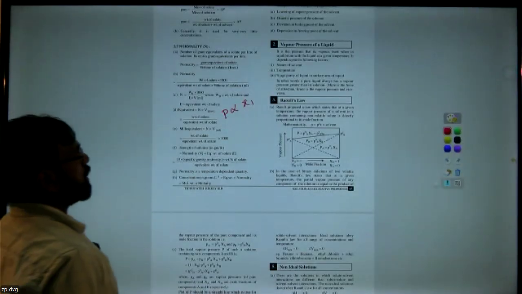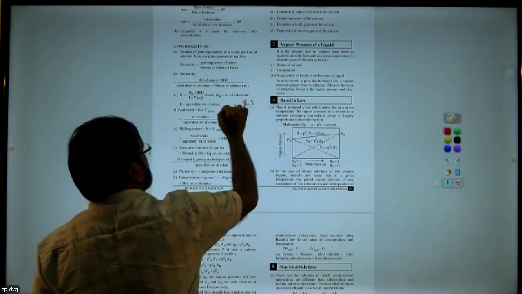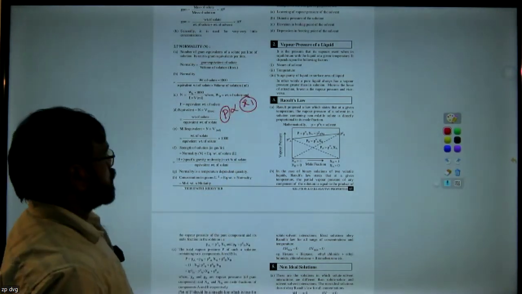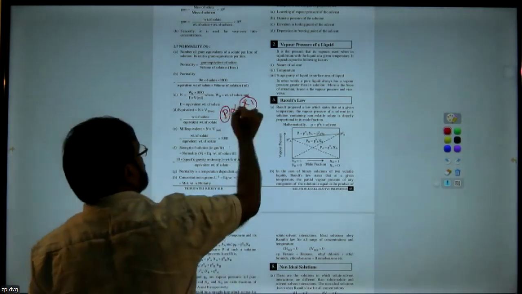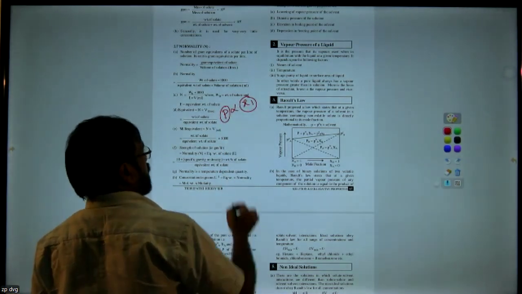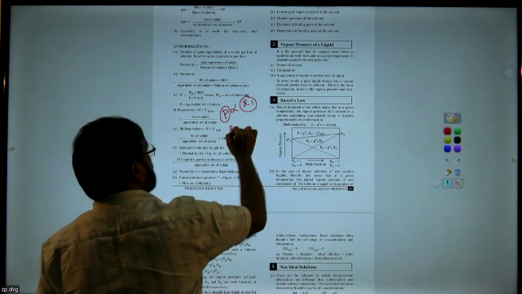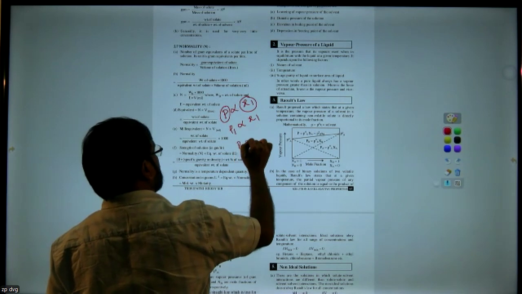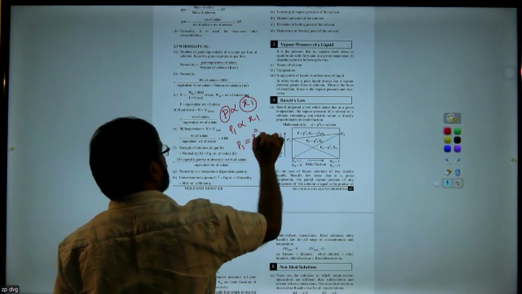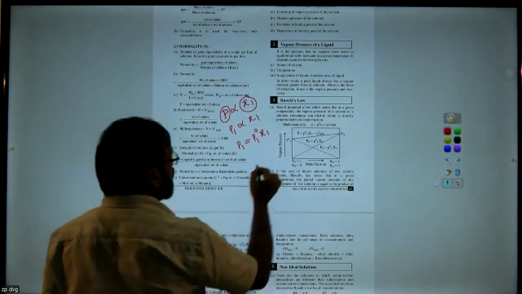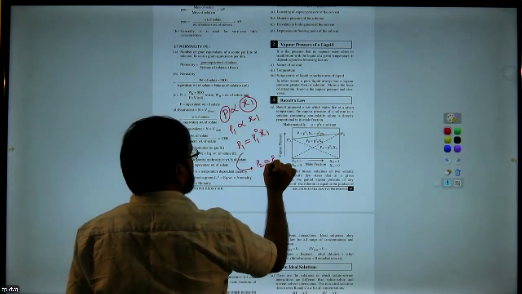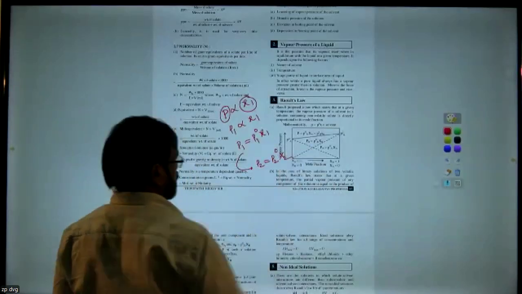According to Raoult's law, the vapor pressure of a substance is directly proportional to the mole fraction of the solvent. P is directly proportional to X1. So P1 is directly proportional to X1. P1 is equal to P1 naught into X1. Similarly, P2 is equal to P2 naught into X2 we can write.